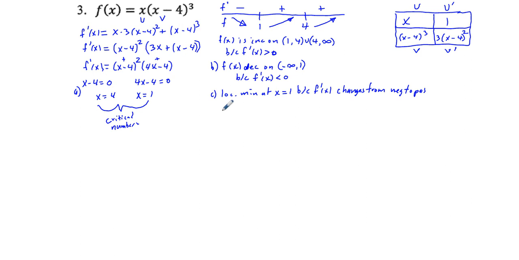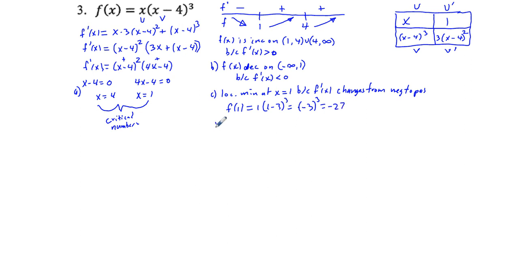Okay, and this says find the value of that extreme. So we will plug into the original equation. We will say f of 1 is equal to 1 times 1 minus 3 cubed, which equals 1 times negative 3 cubed, which equals negative 27.